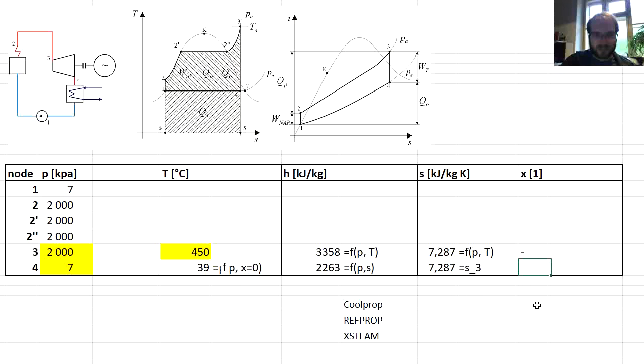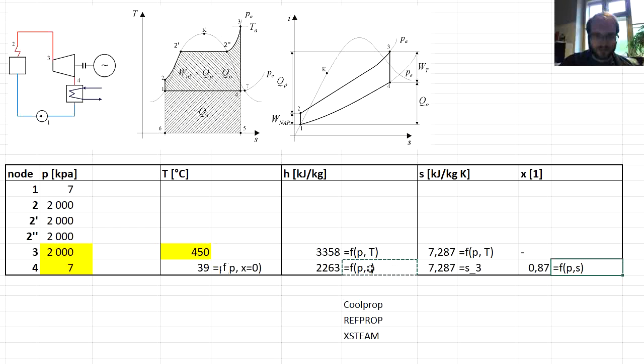And lastly, the quality, we estimated 88%. The precise value is 87.2, 0.872. And again, we used it for the point with given pressure and entropy, so we can use it like this.